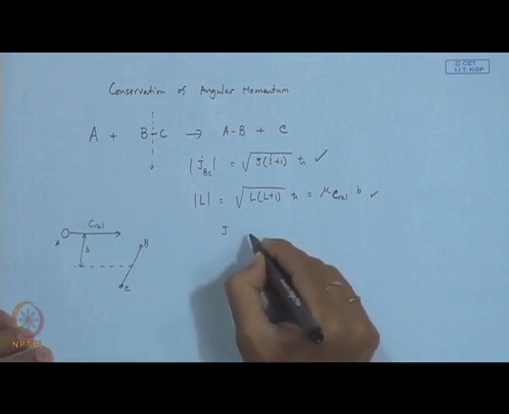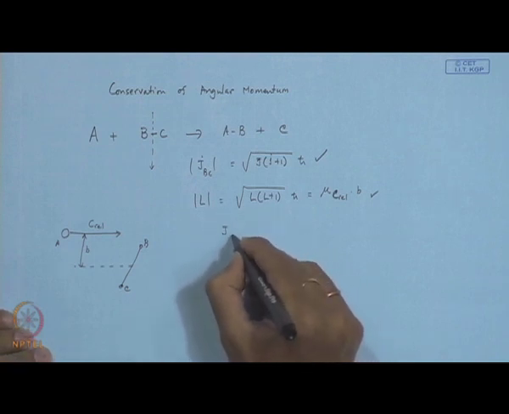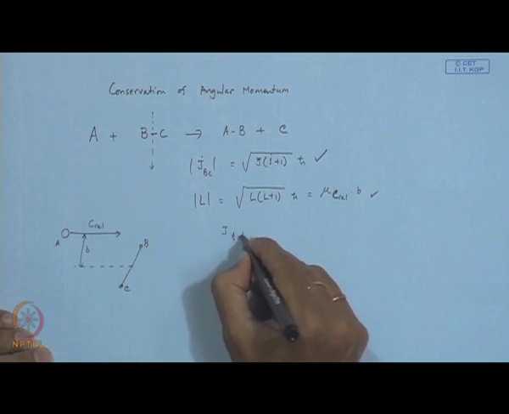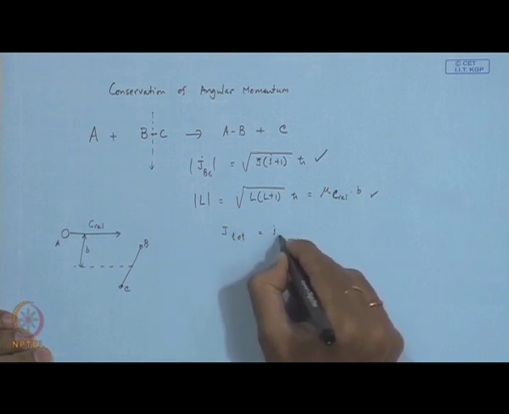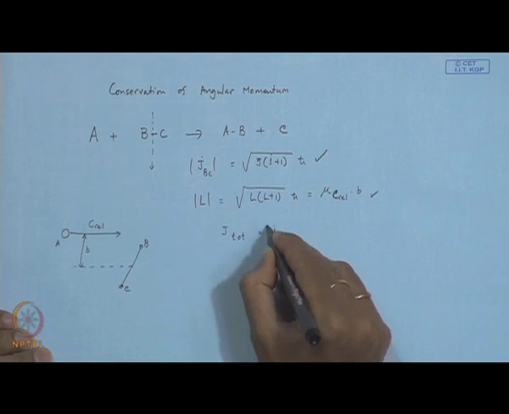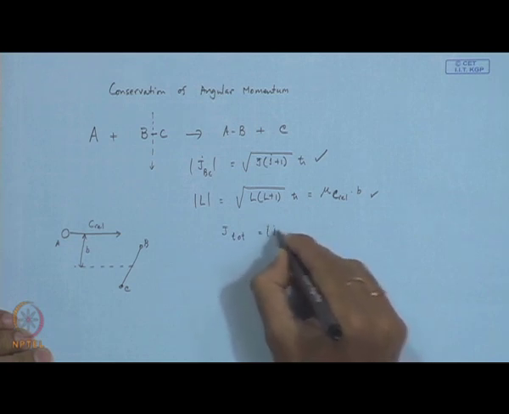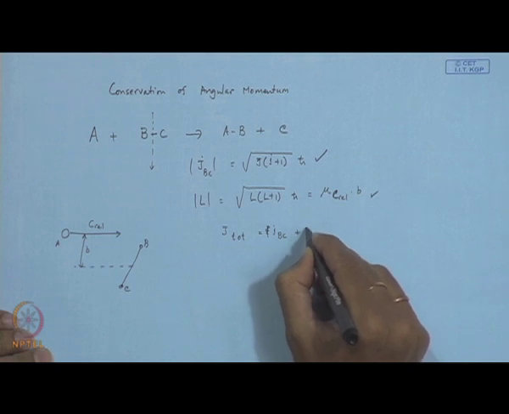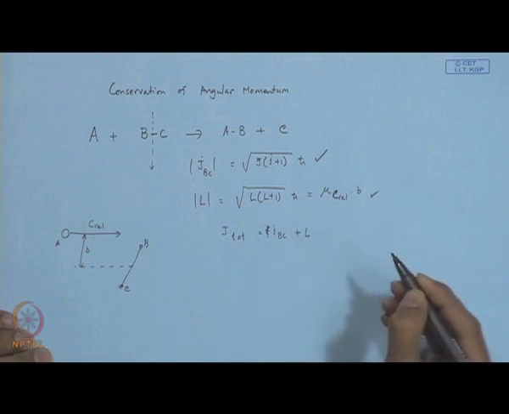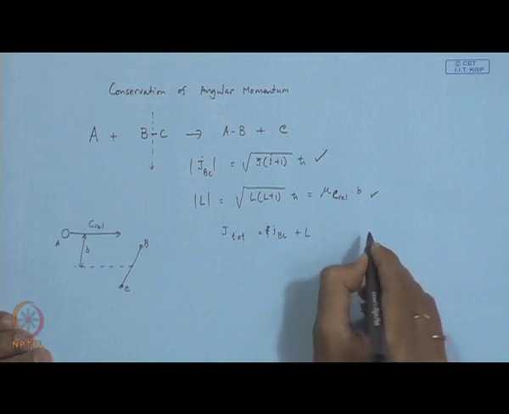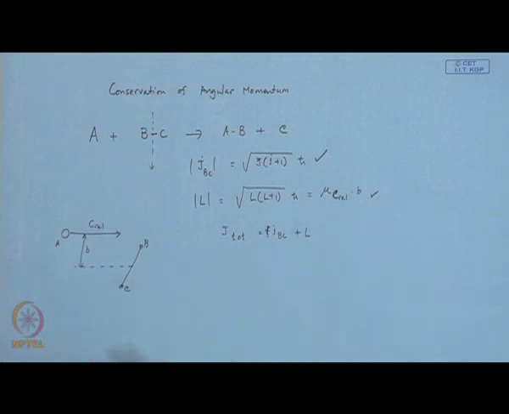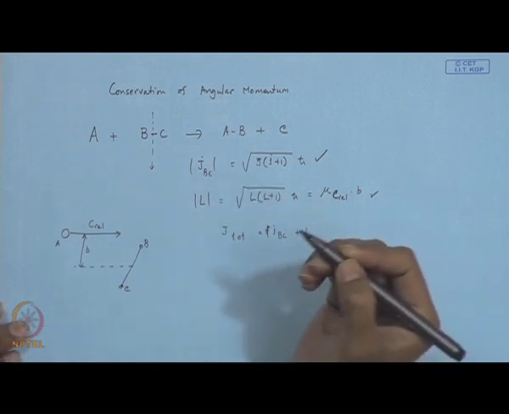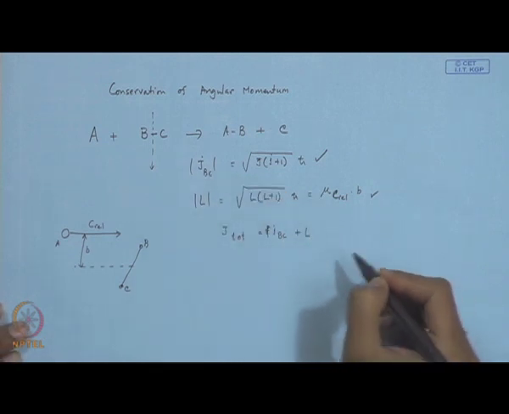So, total angular momentum is given by J total is equal to J BC plus L. Okay. So, this way orbital angular momentum and total angular momentum can be used, and your rotational angular momentum can be used over here.